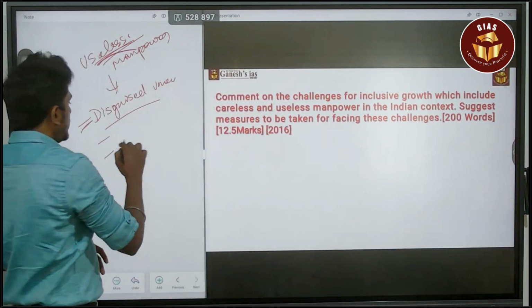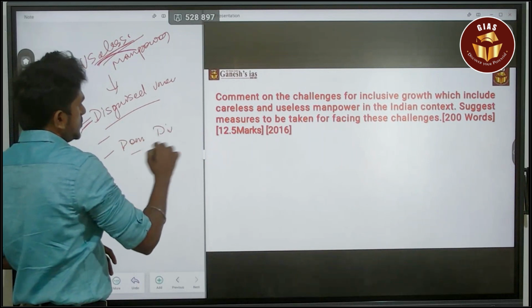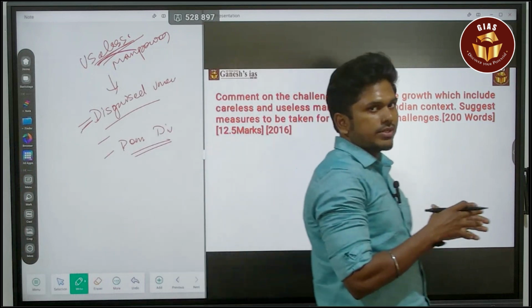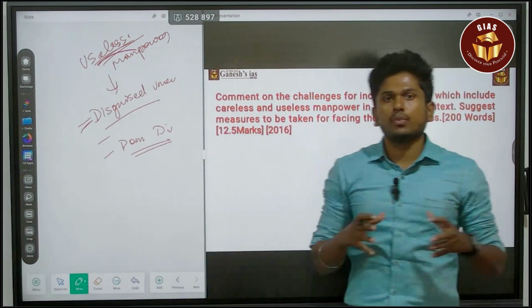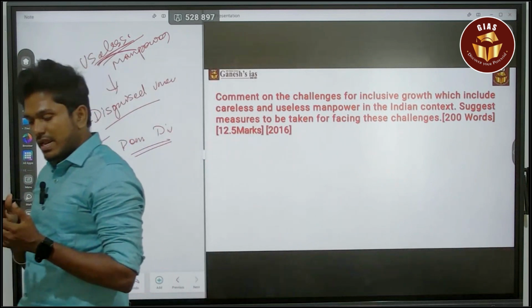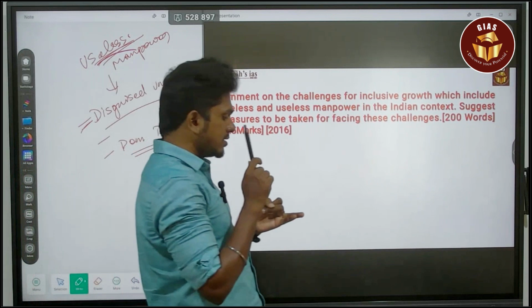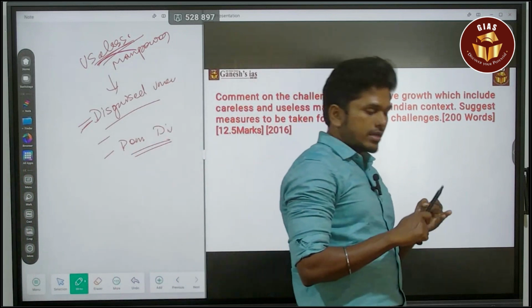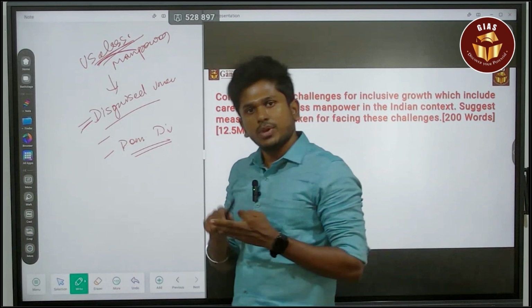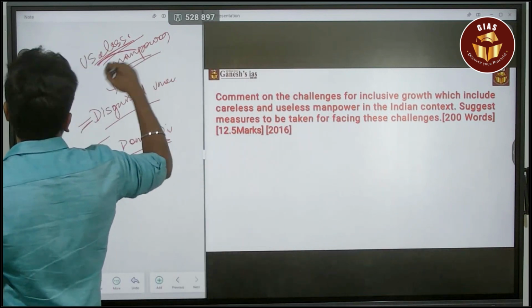You have to know that India is in the demographic dividend phase, which means India has a huge young working population, but that huge working population lacks skills, lacks health, lacks education. So these are the major issues for India. So that is called useless manpower.